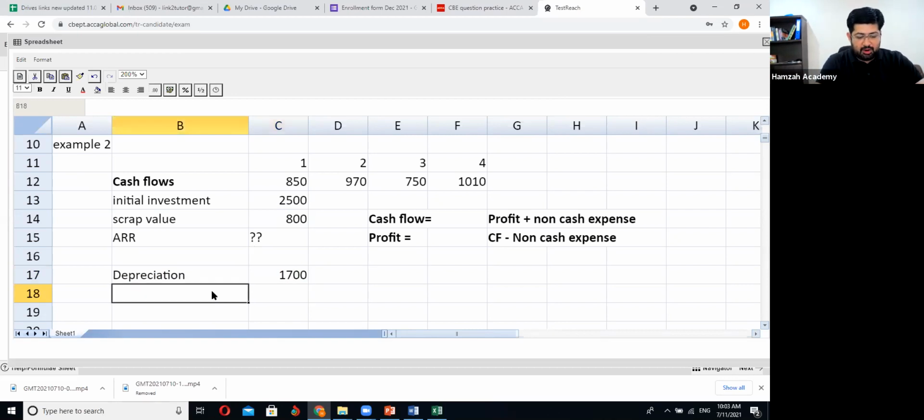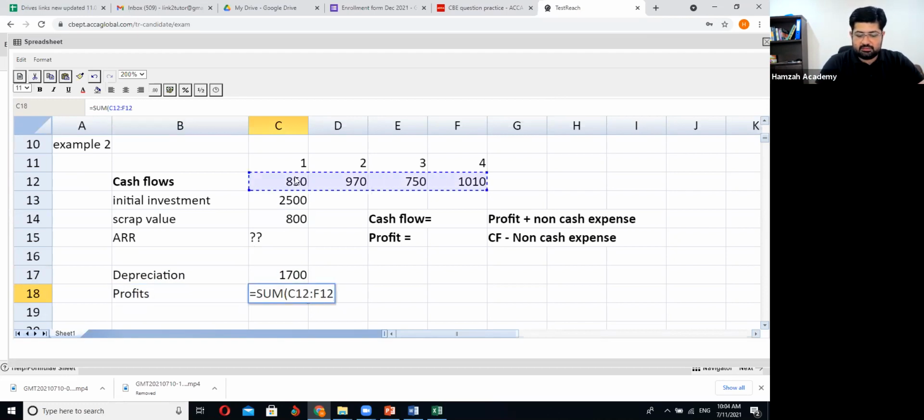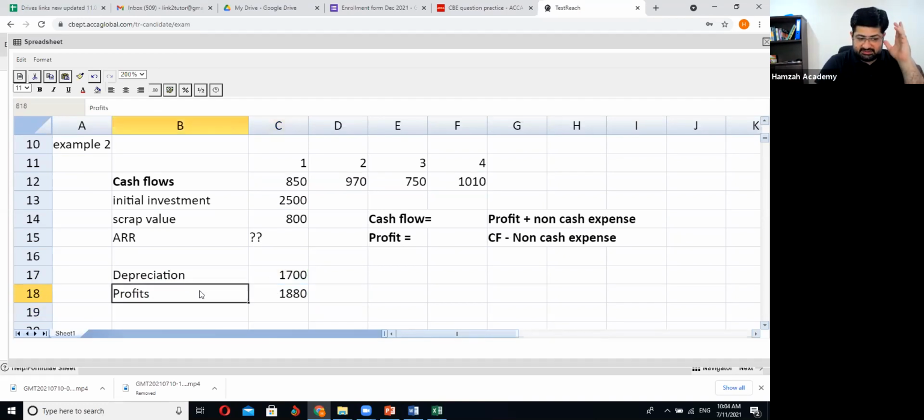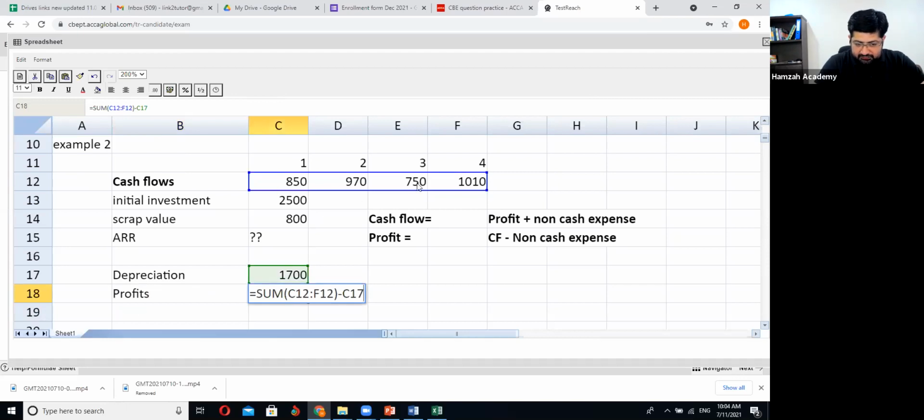Now, total profits equal to, these are the cash flows, cash flows minus non-cash expense. Applying this formula, profit is equal to cash flows minus depreciation, the total profits. Now, I repeat my words, if there is any confusion: sum of all cash flows minus depreciation. Simple as that, total profits.